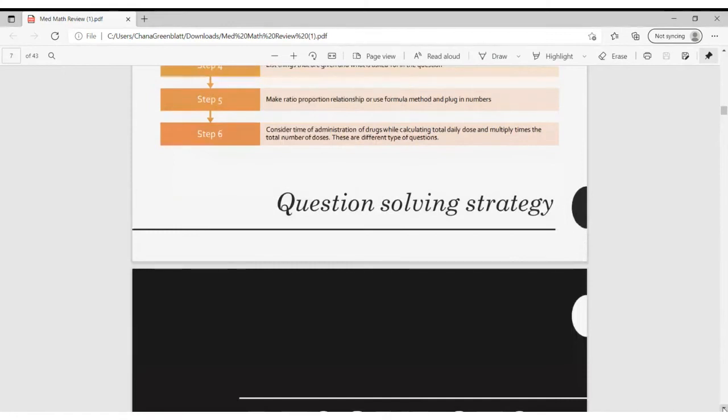Step 6 is to consider the timing of administration of drugs when calculating total daily doses. For example, if your professor says the following dosage is an appropriate Tylenol dosage, and now try to figure out the total daily dose if my patient were to get said dosage every 6 hours.